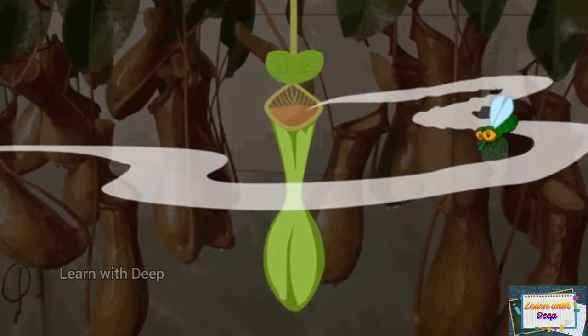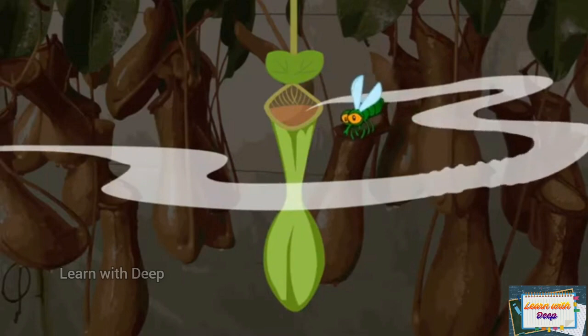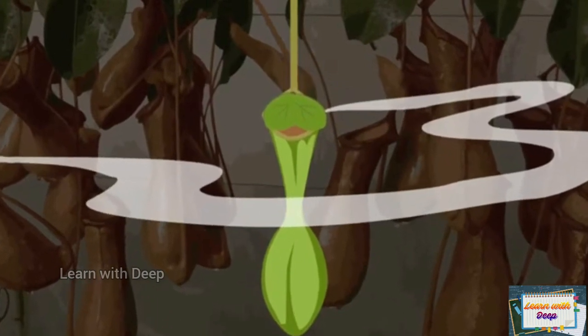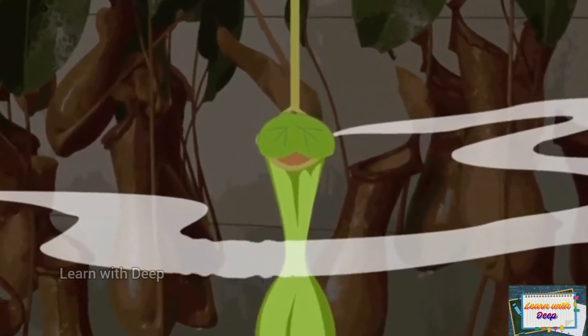As soon as the insect enters the pitcher, it gets trapped between the hair-like structures present inside and the lid closes. The digestive juices present inside digests the insect.